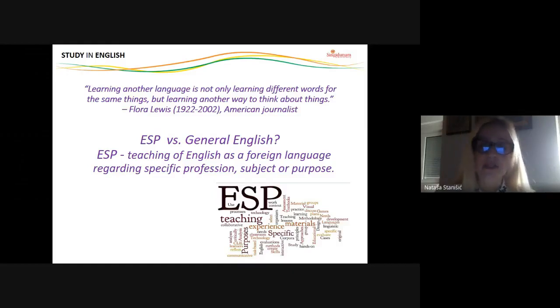On the other hand, English for specific purposes is more extensive and specific. It is mainly used as a language tool for specific professions, as it is applied in a more professional context.